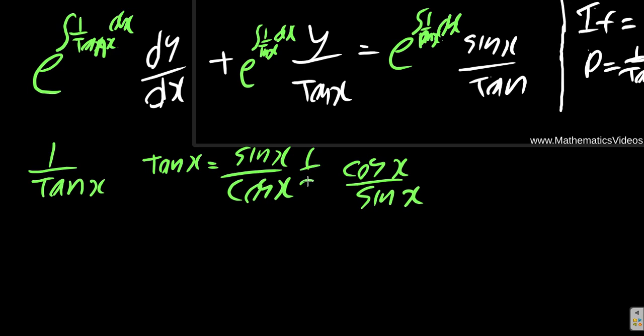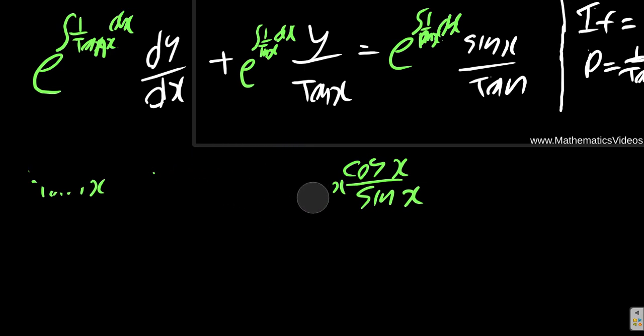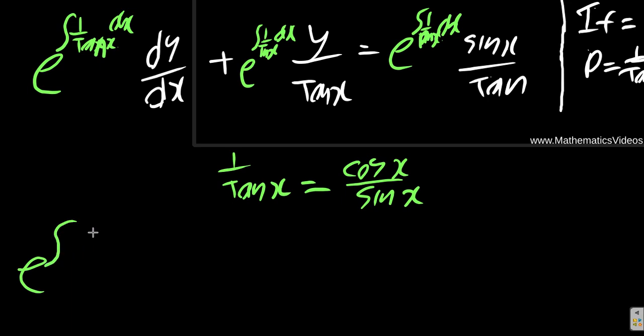Okay, good. Remember our trig identity. Therefore, 1 divided by tan x is equal to cos x divided by sine x.